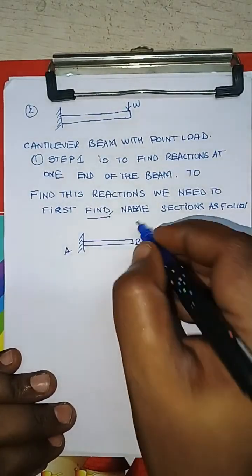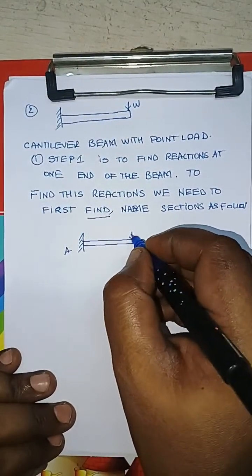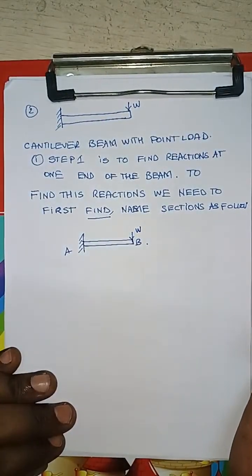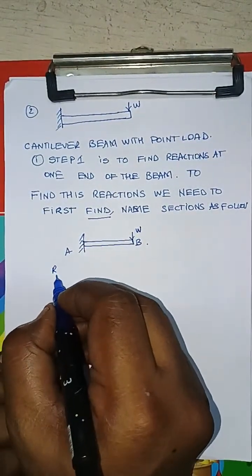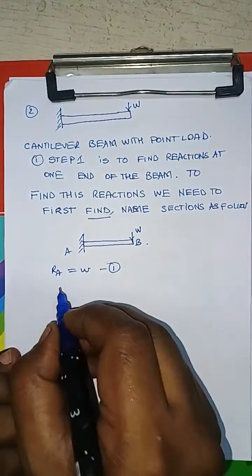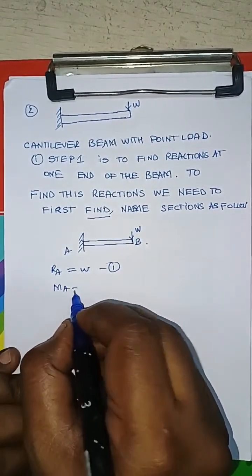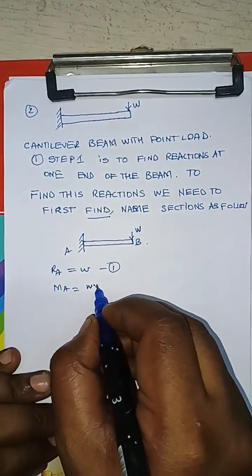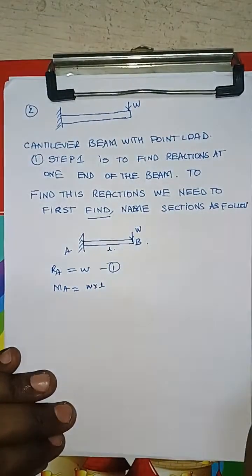This is the W. Now RA is equal to W. This is 1. Now MA is equal to W into L.